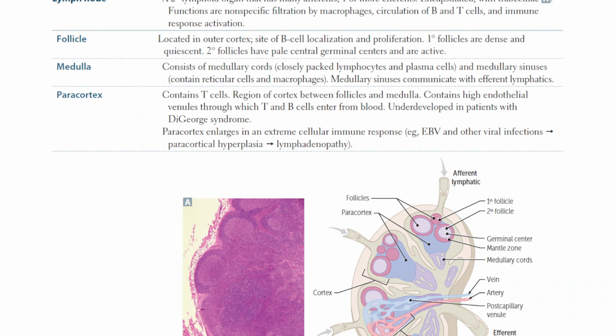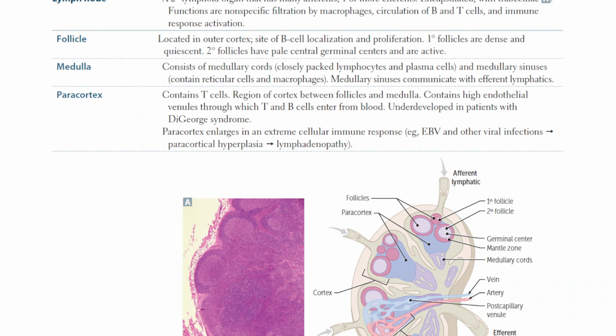So here's a more detailed explanation. The paracortex is situated deep in the cortical layer of the lymph node, bordered by the medulla. The cell composition: the primary population is the T lymphocytes.